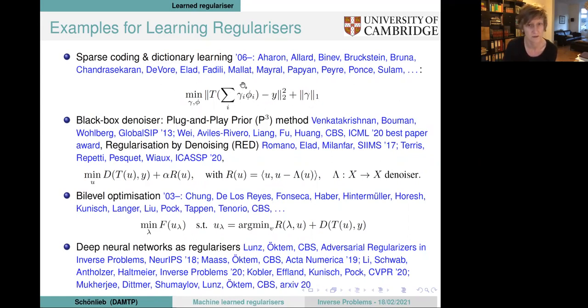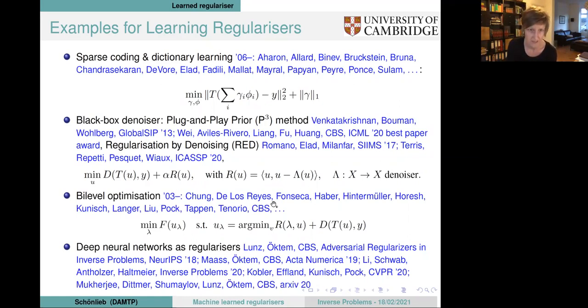We had this already before when I talked about multi-resolution analysis. But now with dictionary learning, you do not just solve the problem for gamma, but also for phi. So you make the dictionary elements themselves unknowns.